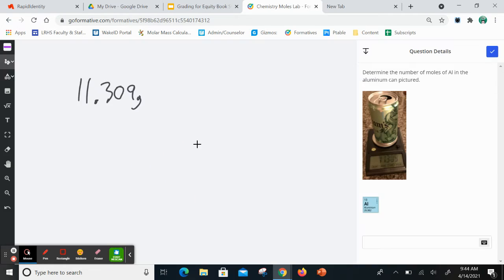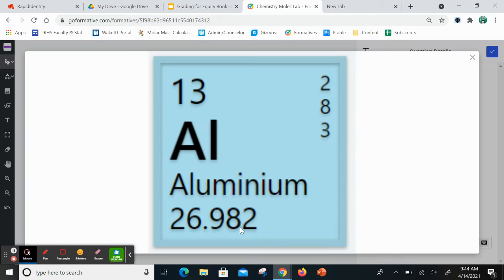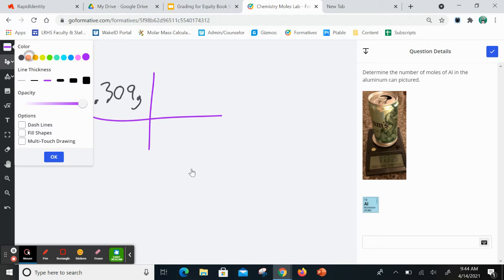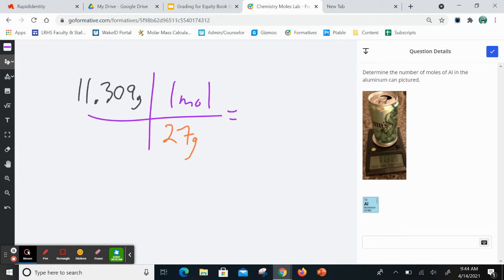So we're going to want to divide by this number here, the 26.982, which hopefully you'll grant me is basically 27. So we want to divide by 27 grams, and that's for 1 mole. And that is how many moles you have in an aluminum can. So in that particular one, 11.309 divided by 27 is 0.418, 0.419. All of those are good.